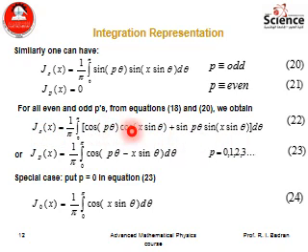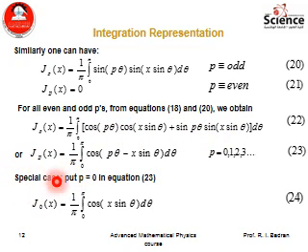Of course, this is nothing more than the expansion of cosine of p theta minus x sine theta. So the integrand in equation 23 can be expanded to get this one easily.